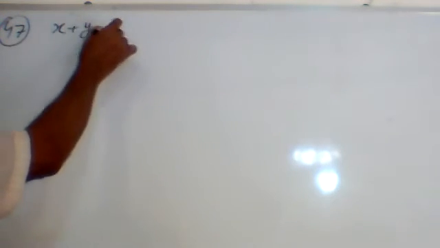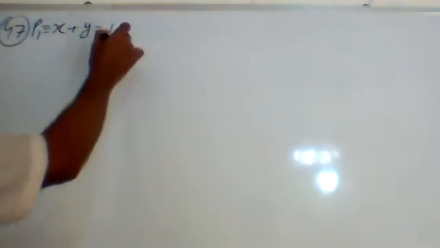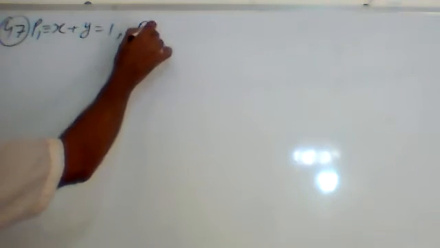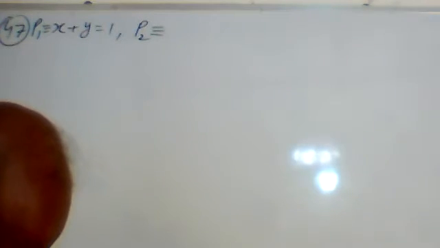One plane is x plus y equal to 1. This is plane 1, P1. And the other plane is P2. Its equation is 2x plus y minus 2z equal to 2.